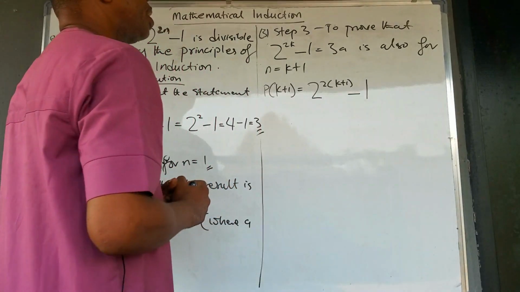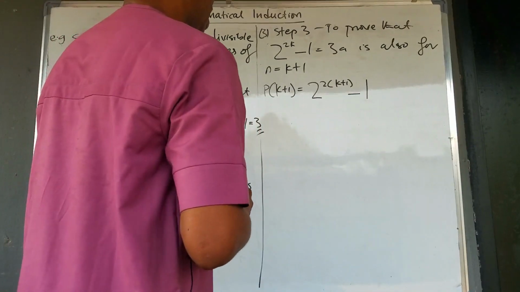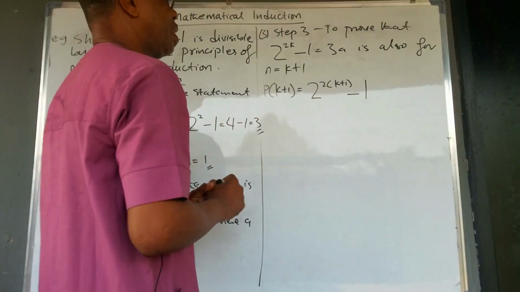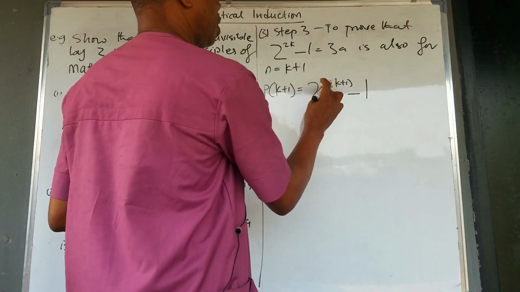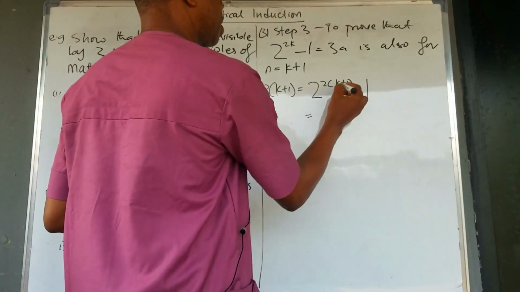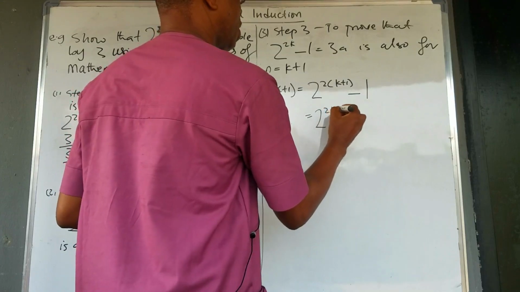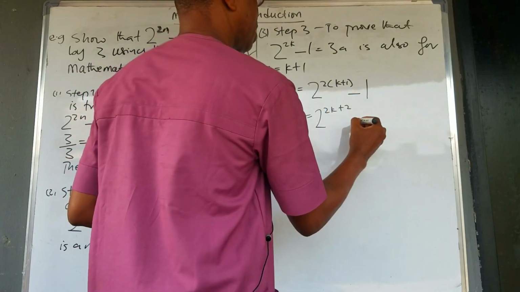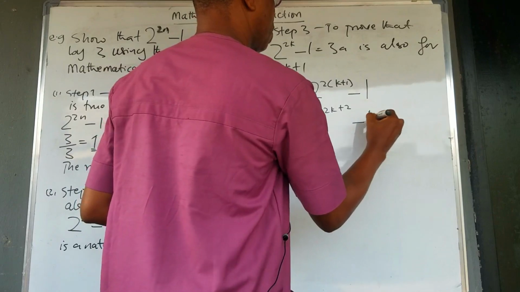Now, if you look at that very thoughtfully and carefully, you will notice that we need to open this bracket by multiplying 2 times k. That will give us 2 raised to the power 2k plus 2, minus 1.